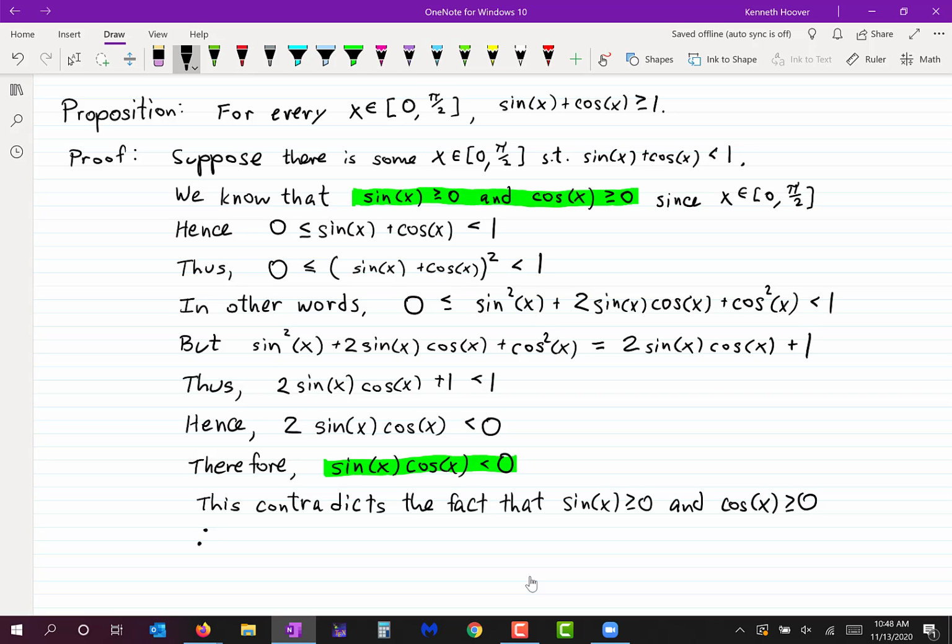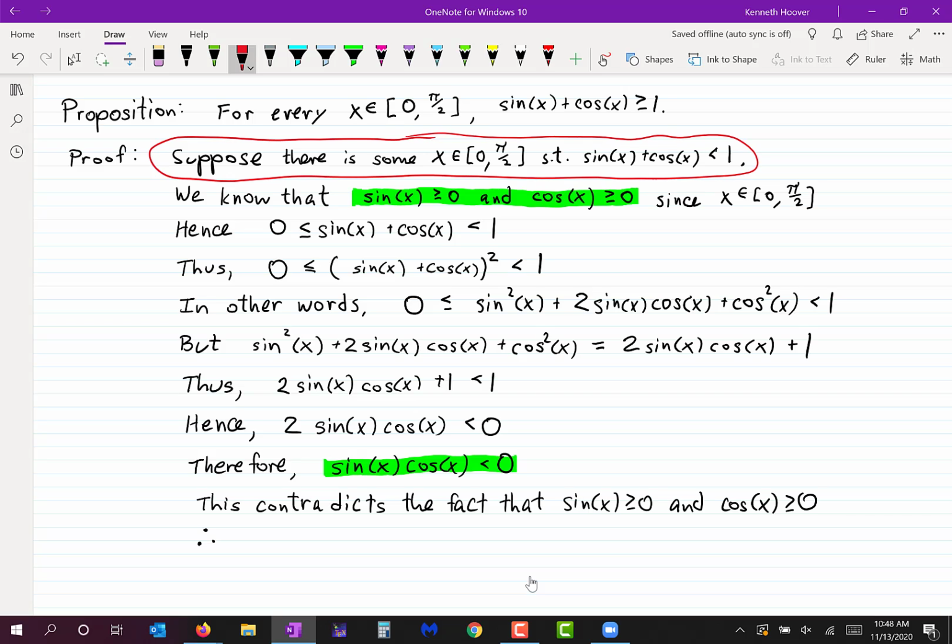Therefore, our supposition must have been wrong because it leads to our contradiction. Here was our original supposition, and it leads to a contradiction, so it must be false.